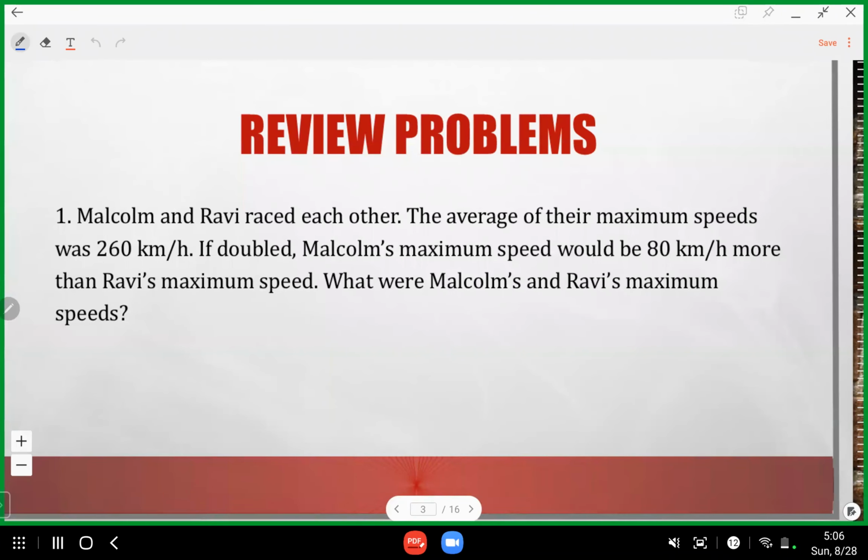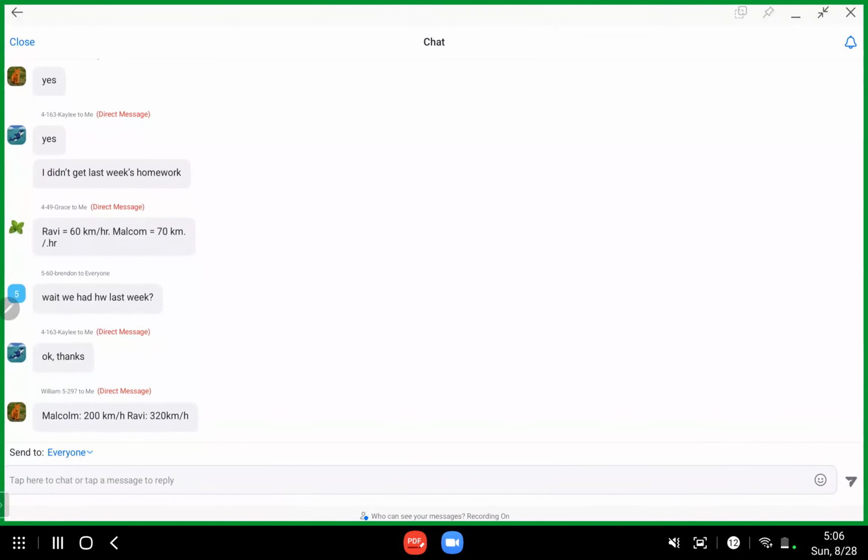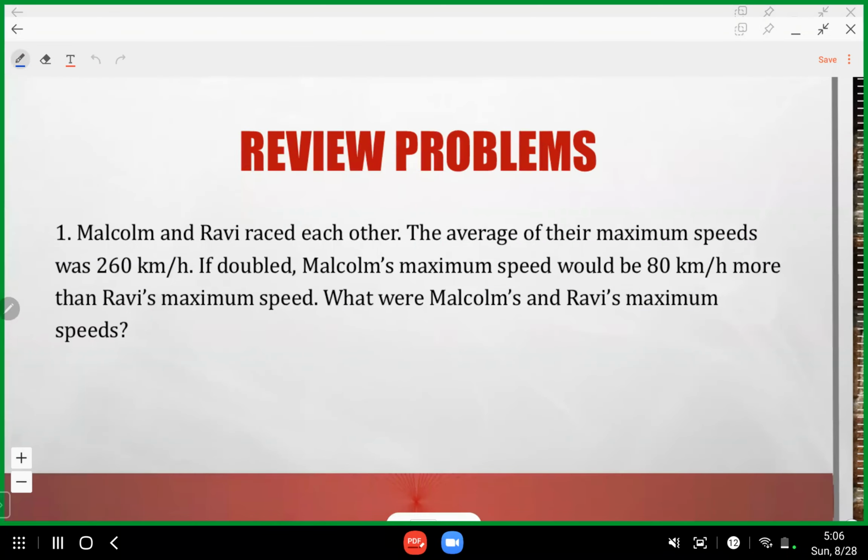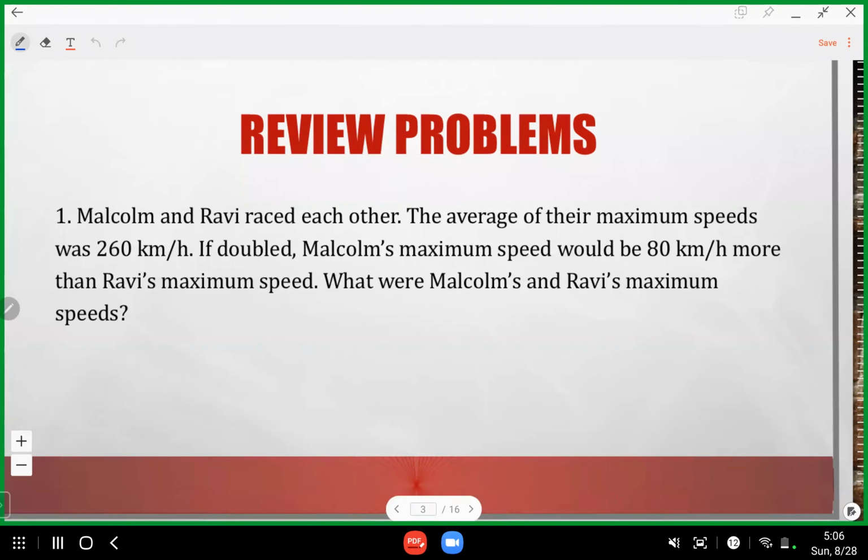And then you have to divide by 2 to get the average, which is 65. So if their average is 65, which is not 260, then that means your answer is incorrect. So let's look at our other answer here. We have 200 and 320. See, the average of those two numbers is 260. So let's look at this.